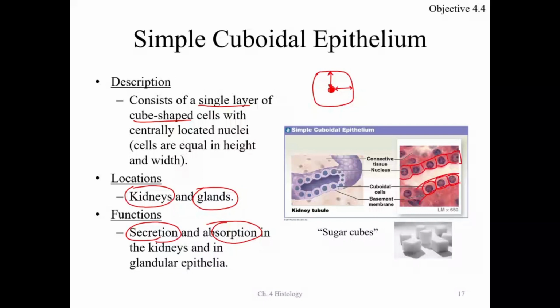One cell thick of boxy-shaped cells. All this is connective tissue under it, and other tissues under it that we're not going to be worrying about.